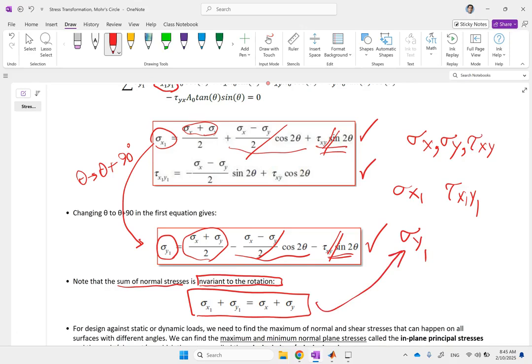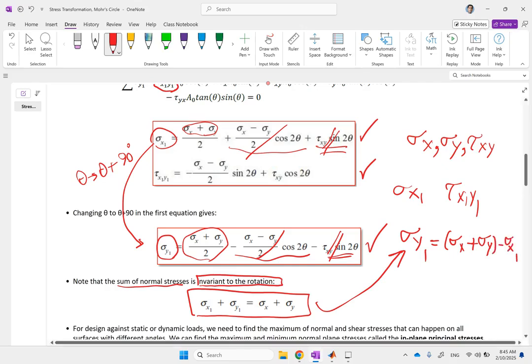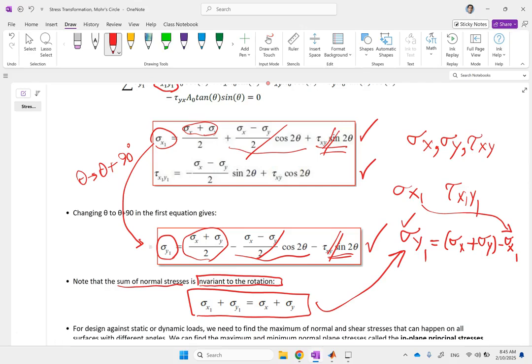That's much easier. I say sigma y1 is the original sigma x plus sigma y minus the new sigma x1 that I just calculated. And I get it through this. This is much easier to do, a simple summation and subtraction rather than all these tricks. Okay, so this is really good and it's a good check.